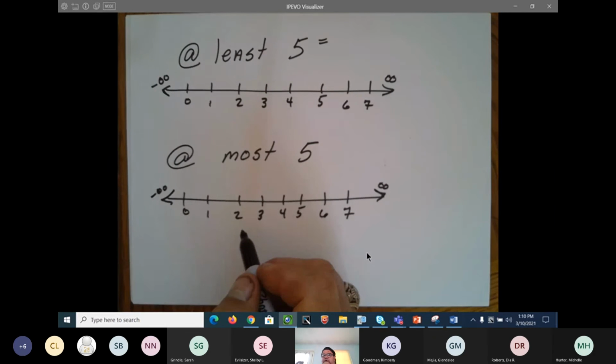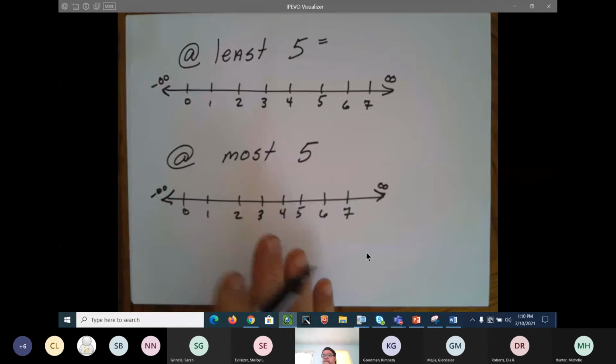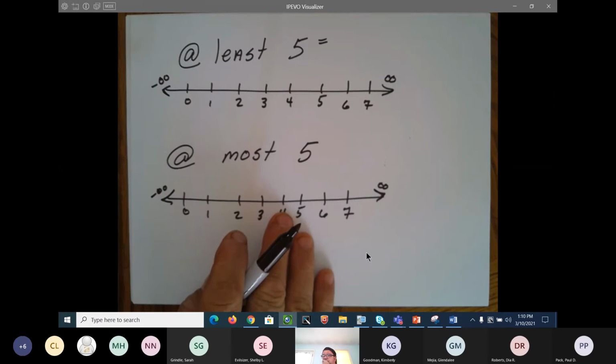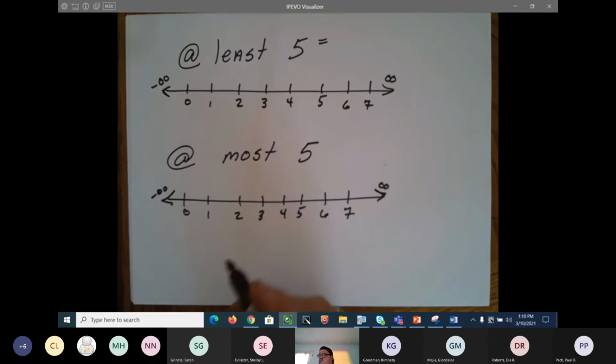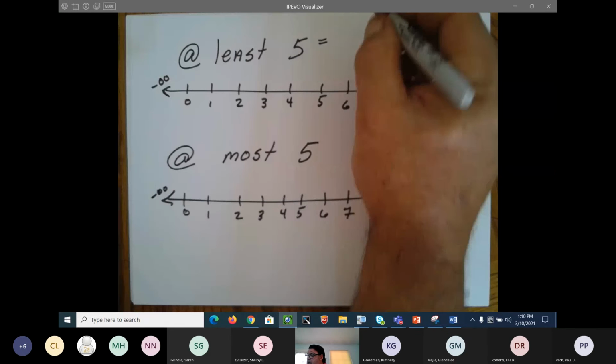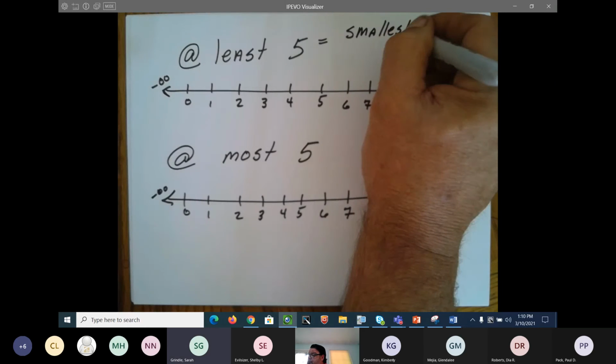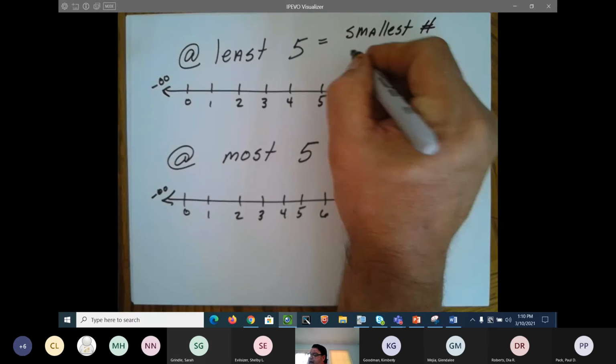Now that means I want y'all to actually talk. It means 5 or more. It means that the smallest number is what? Yeah, the smallest number would be 5.